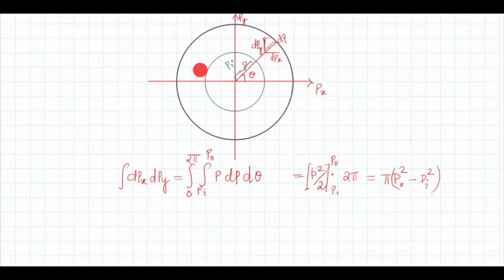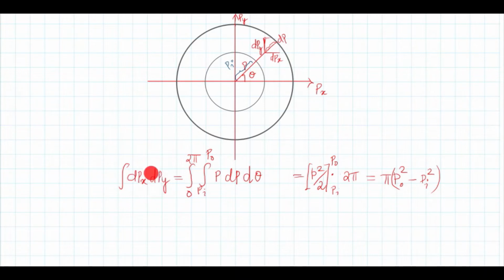You consider the momentum space. Along the horizontal axis it is px, along the vertical axis it is py. Then dpx is a small length along px, dpy is a small length along py. dpx dpy is a small area element. You have to integrate this over this shell. But since this shell has circular symmetry, instead of Cartesian coordinates, you can use polar coordinates.